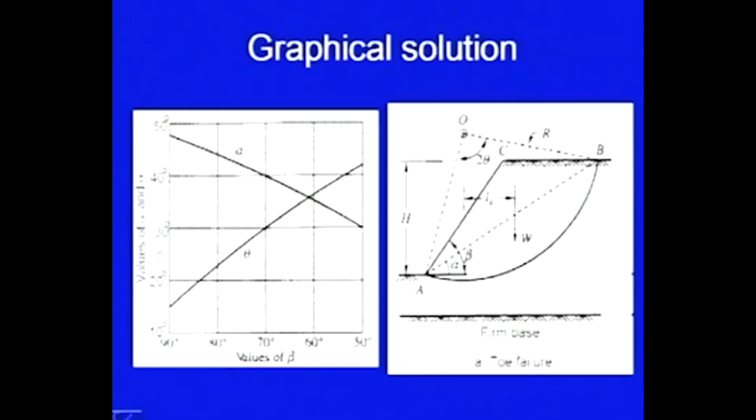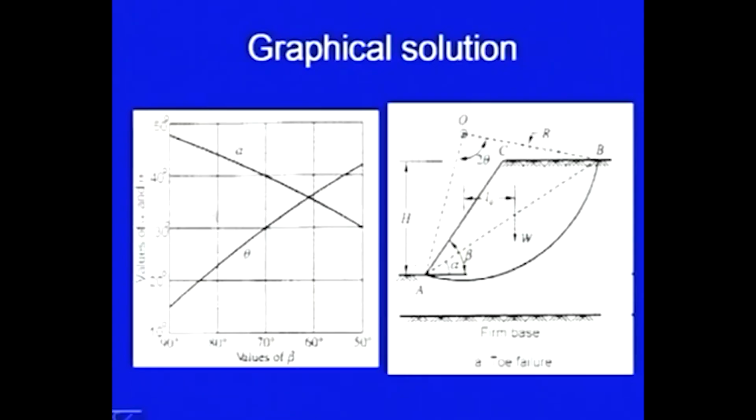So, here on the y axis these are alpha and theta values, and you can see they are starting from 50 degree. In fact, in this situation the toe failure takes place when this beta is more than 53 degree. So, for example, suppose beta is 60 and you go all along this line, it intersects the alpha curve somewhere here.